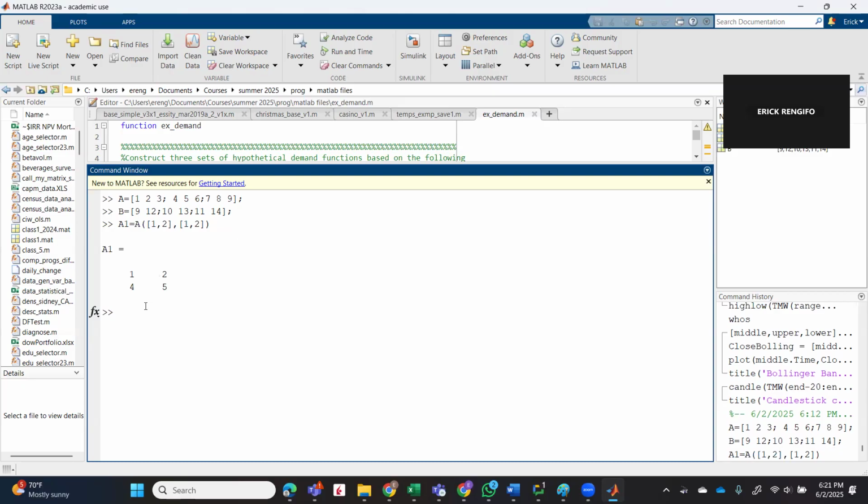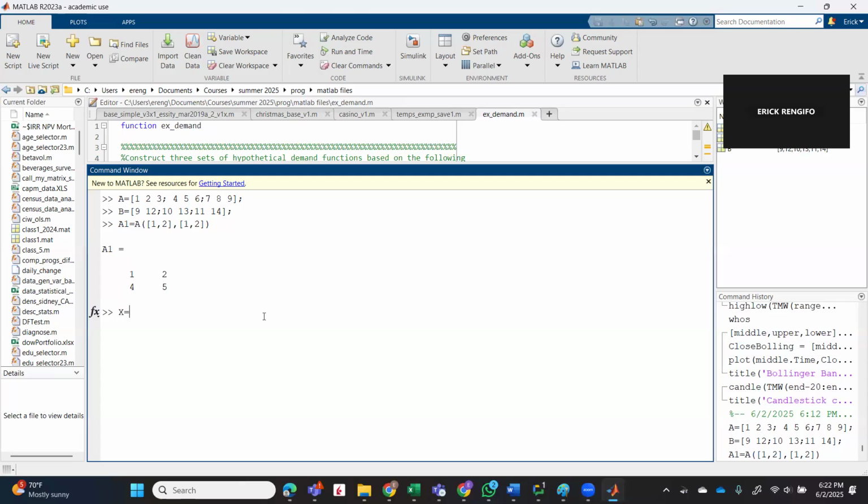Another notation that is really important, guys, let's call this A11, is using sequences. Do you remember sequences? Do you remember what this is doing here? 1 to 2. So let me copy this one here and chat a little about sequences.